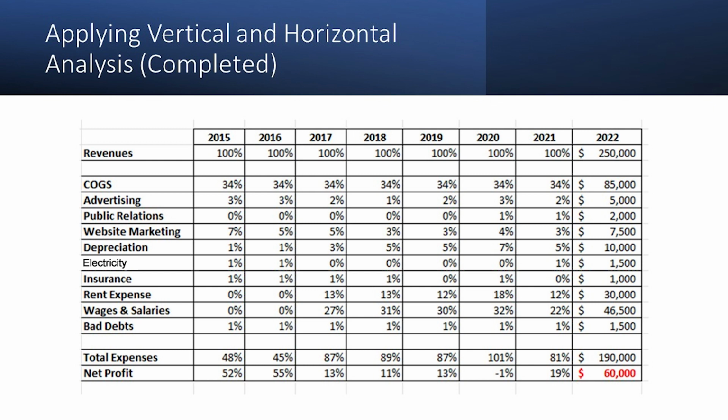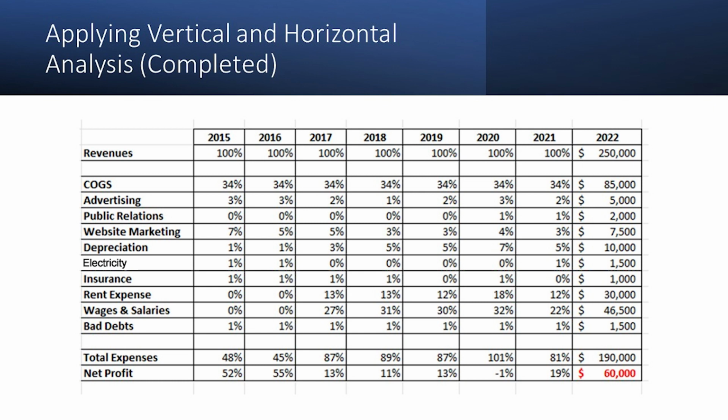Public relations, we started to do some public relations in 2020 and 2021. We see a 1% number there. When we take a look at our marketing costs, website marketing, we see that it's been all over the place. 7% back in 2015, 5% in 2017, 4% back in 2020.